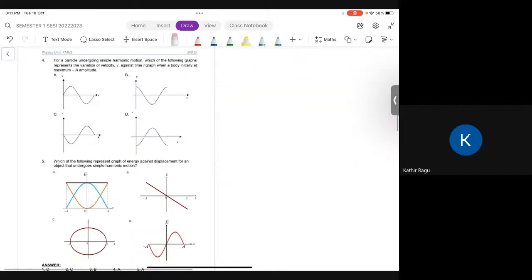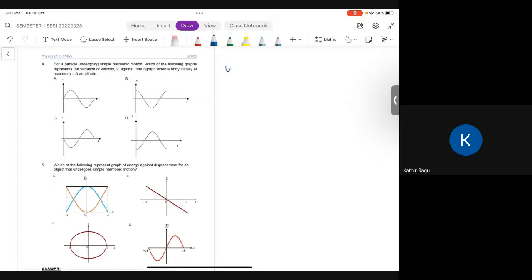Okay, number 4. For particle undergo simple harmonic motion, which of the following graph represent velocity against time when the body initially at maximum amplitude? Maximum negative amplitude ke maximum amplitude ni? Okay, so dia beritahu you bila body initially at maximum, so dia adalah graph cos. Sekarang ni I tak tahu dia cos positif ke cos negatif.